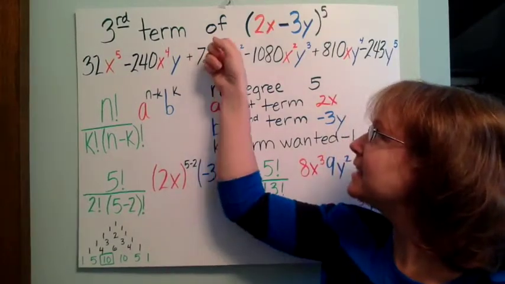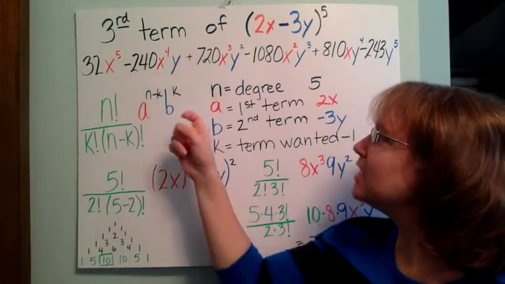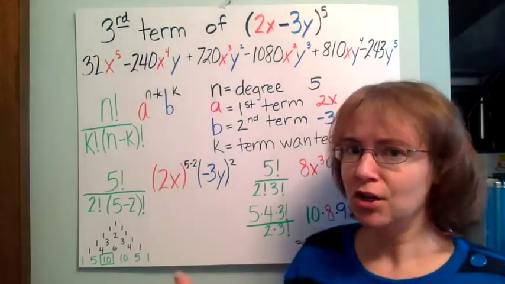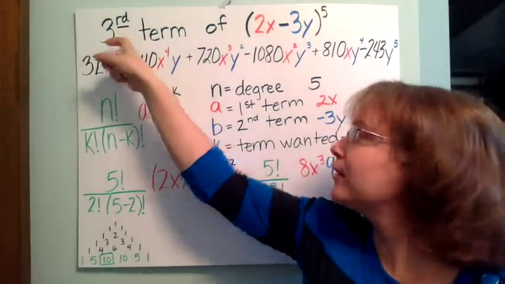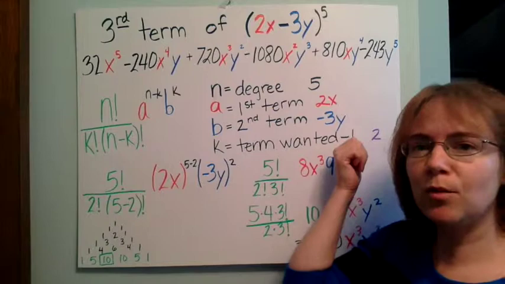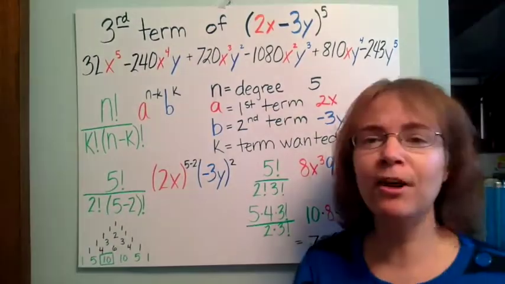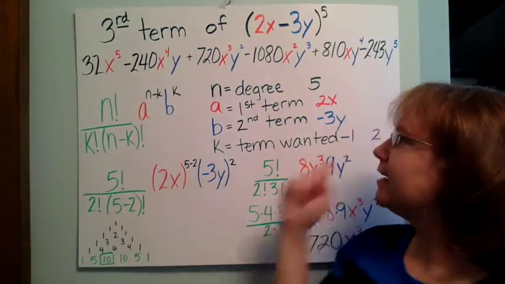Notice my x takes on the value of that third power. So this second power is related to this third term by minus 1. If I want to know k, I take what term I want, the third term, and subtract 1. So in this case, my k is going to be 2. If I wanted the fifth term, then my k would be 4. But in this case, my k is 2.